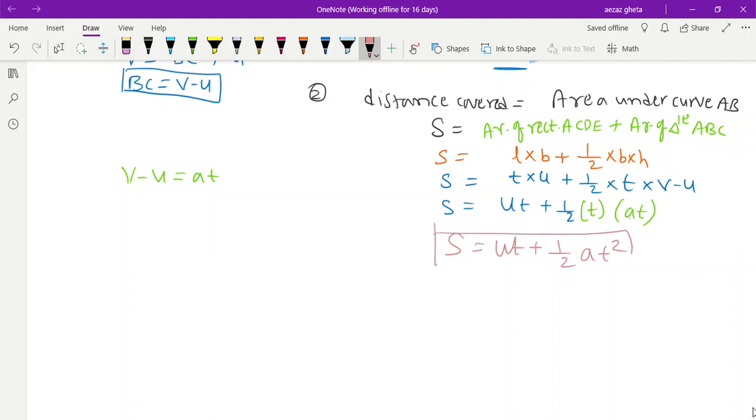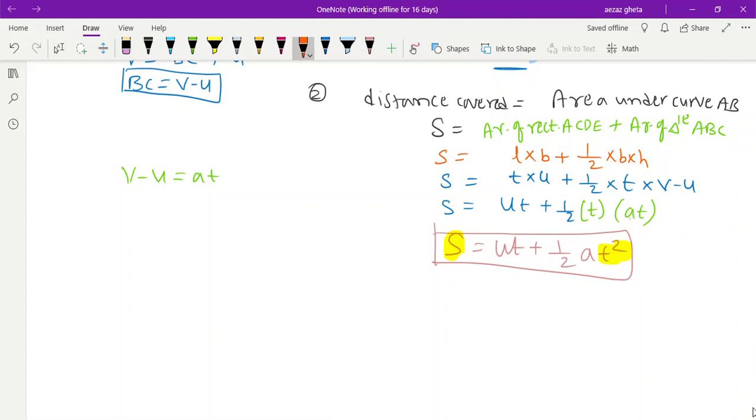This is the second equation, which gives you the relationship between distance and time, position and time.